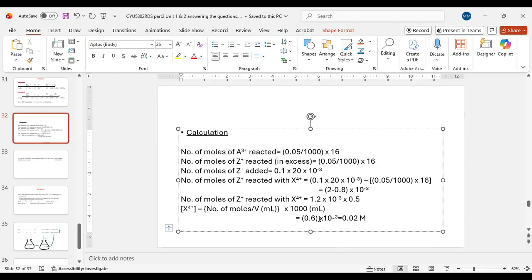What is the number of moles? Sorry, what is the volume? 20 milliliters, madam. Okay, 20.